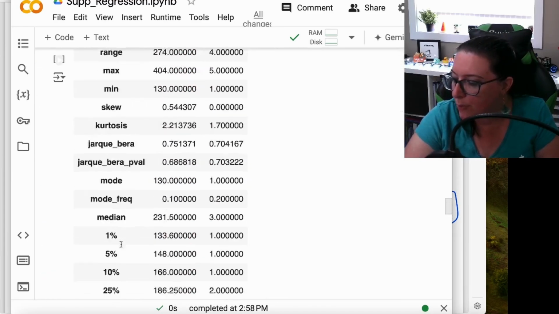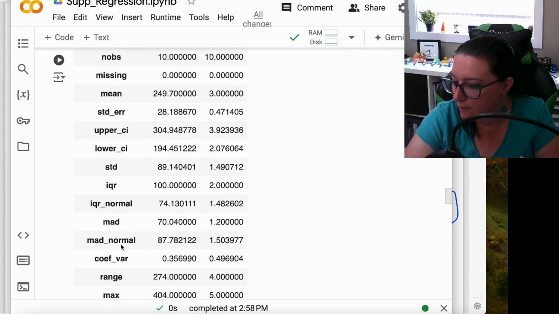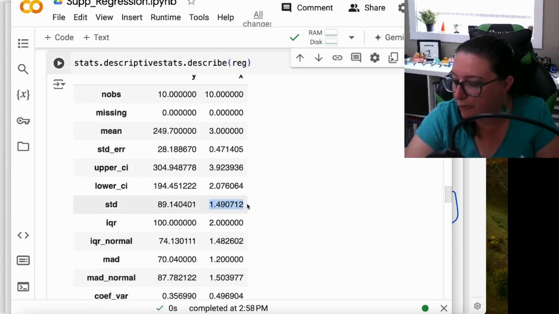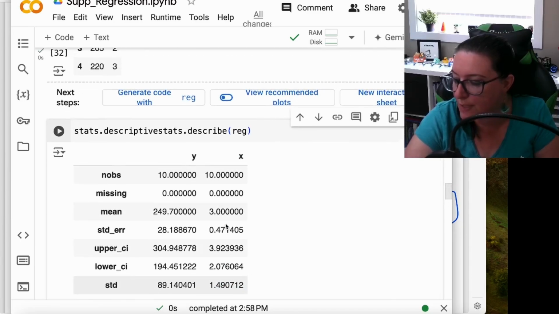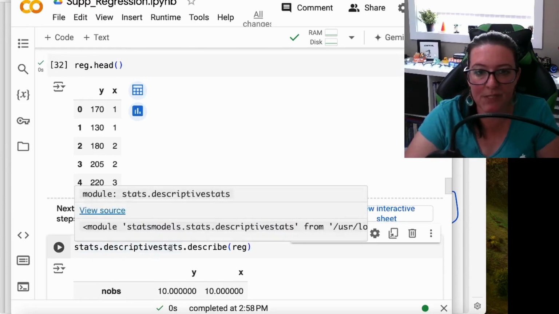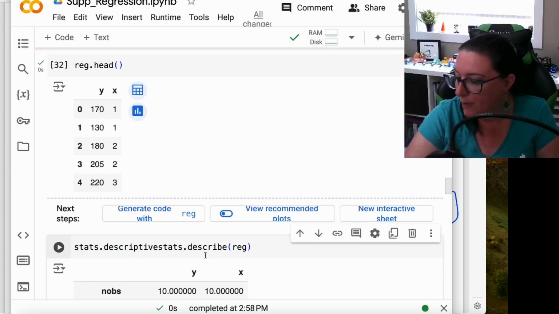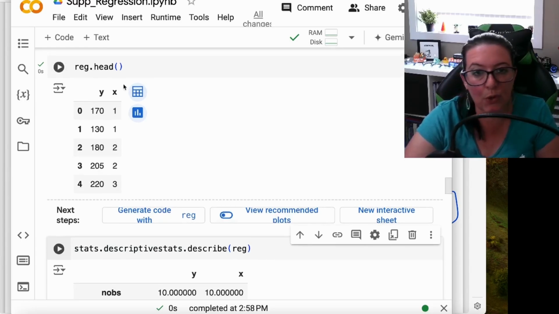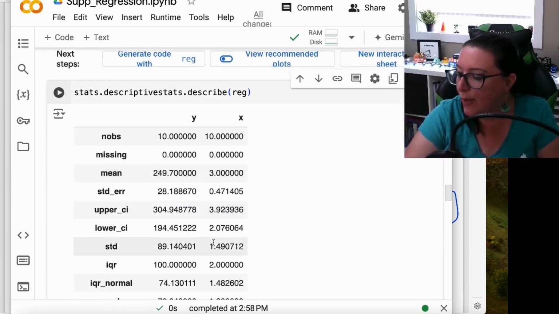We will also need the standard deviation for x. So if you do this additional line of code here, stats.descriptive_stats.describe, and apply it to your table, you get the descriptive statistics for both x and y.